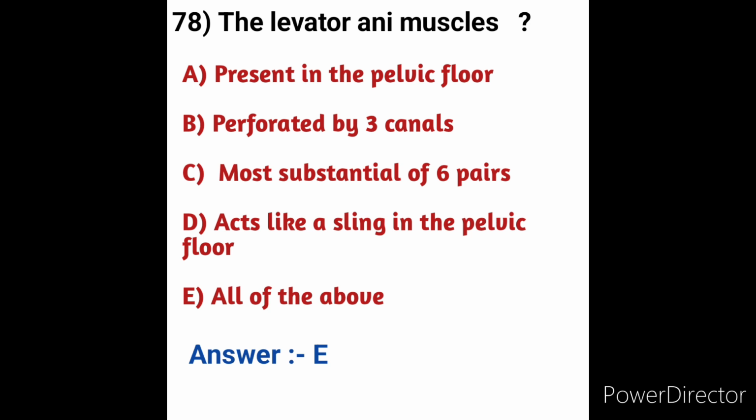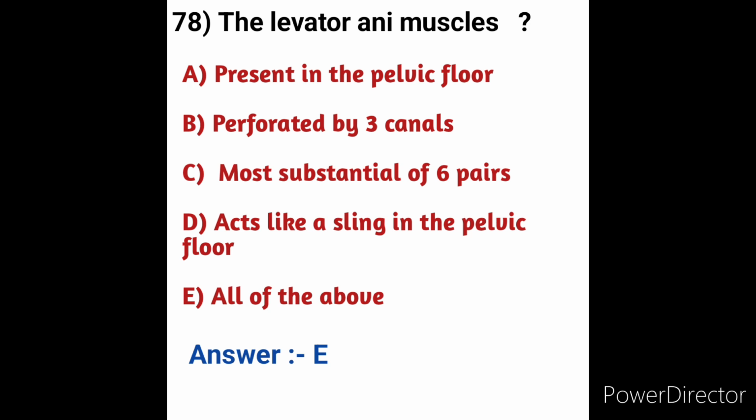Option A, present in the pelvic floor. Option B, perforated by 3 canals. Option C, most substantial of 6 pairs. Option D, acts like a sling in the pelvic floor. The levator muscles are present in the pelvis. Here option E is the correct answer, all of the above.